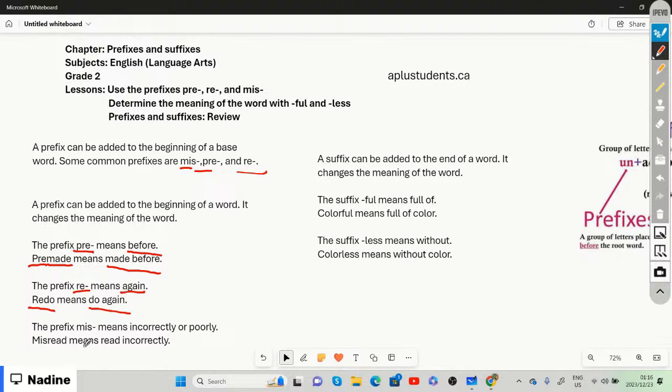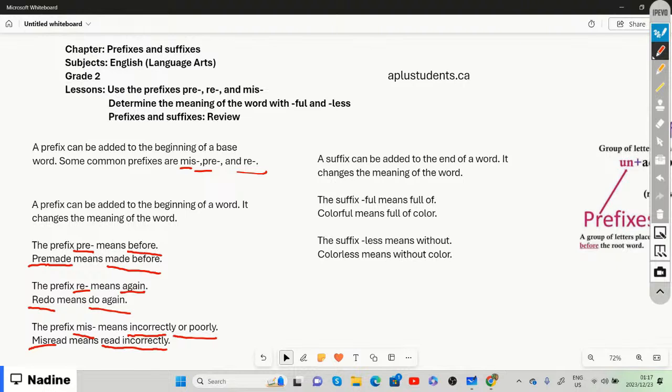And then we have the prefix miss, the word that we add at the beginning of a base word. And miss means either incorrectly or poorly, right? For example, misread means to read incorrectly. If we have a word like misinformation, then it means that you gave the incorrect information. Mistake, it means that something was incorrect.